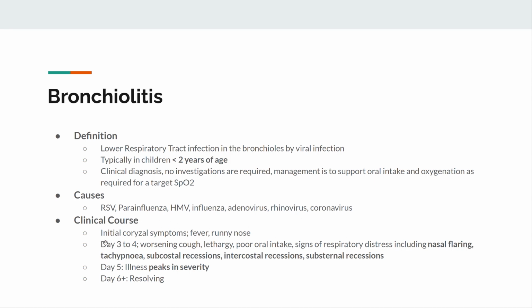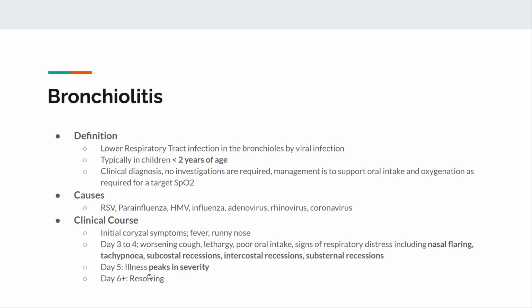The clinical course is initially they get a runny nose or fever, which is the viral prodrome of basically any viral illness. Around day 3 to 4 following that, they start to cough, get tired, they're too weak to drink their normal oral intake, the number of wet nappies might decrease because they're dehydrated, and they might begin to show signs of respiratory distress, such as nasal flaring, tachypnea, recessions, which can be subcostal, intercostal, and substernal.